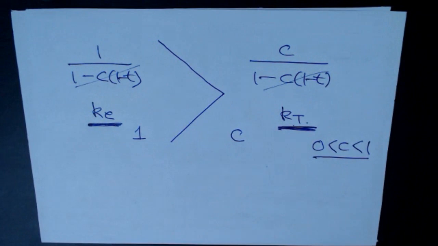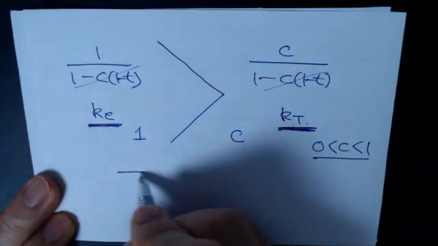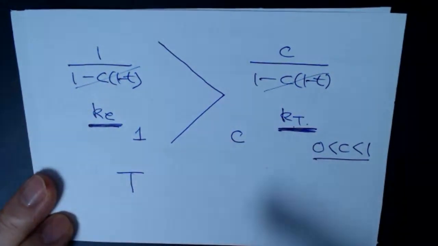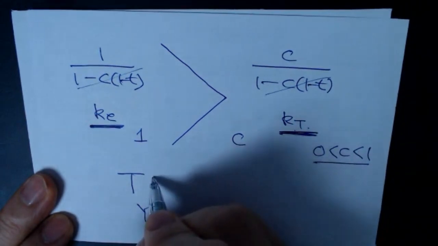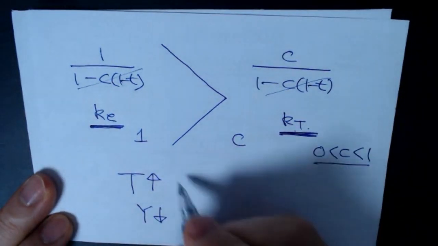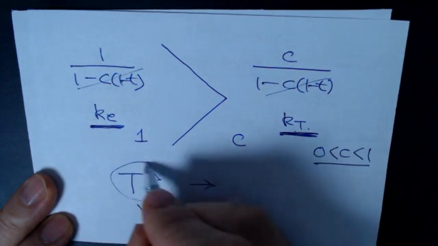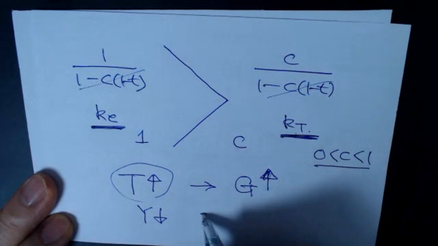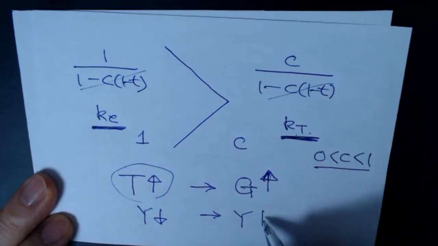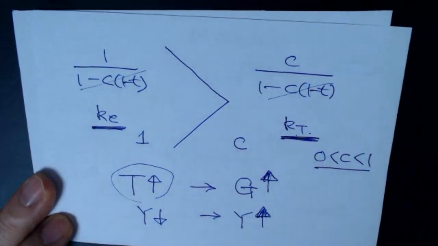Right? So, for example, if the government collects tax of this amount, national output decreases. And if from this tax the government increases spending by a certain amount, then national output increases.